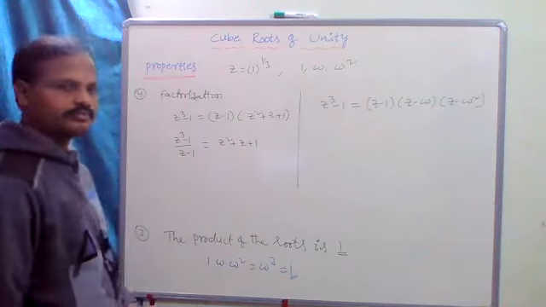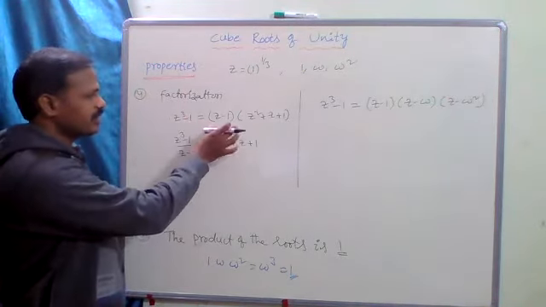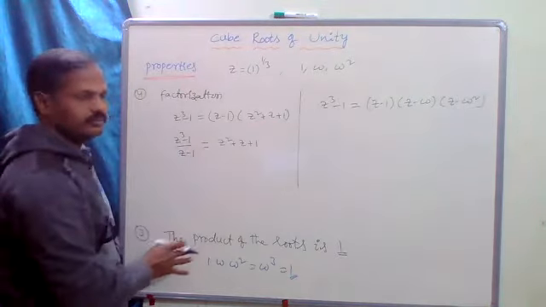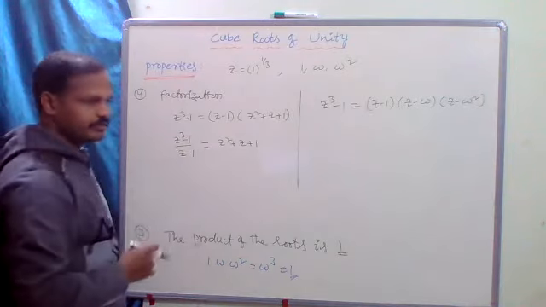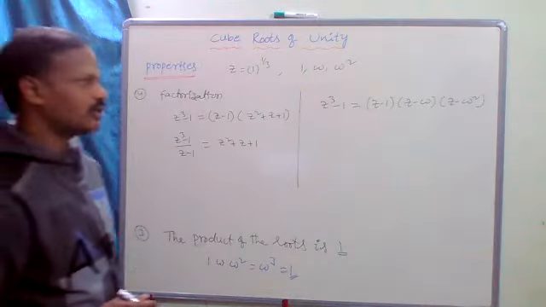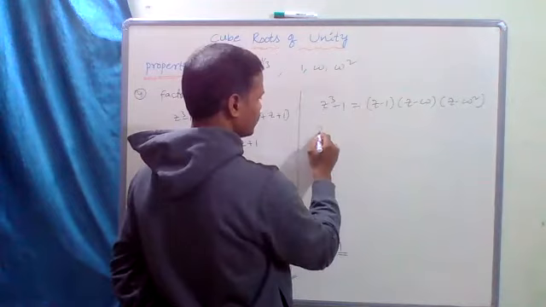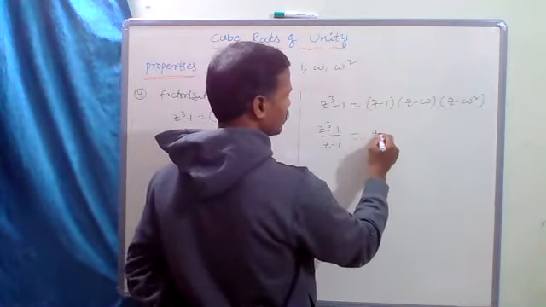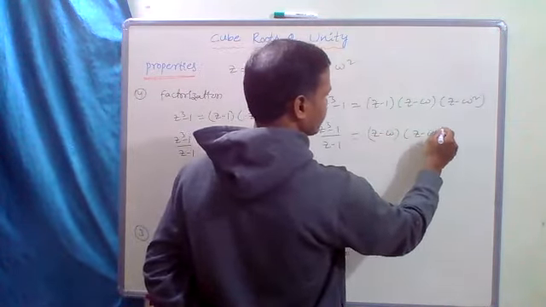Okay. So in factorization, z cube minus 1 can be written, according to the formula, as z minus 1 into z square plus z plus 1. So z cube minus 1 by z minus 1 equals z square plus z plus 1. Now, in terms of the roots, z cube minus 1 by z minus 1 equals z minus omega into z minus omega square.